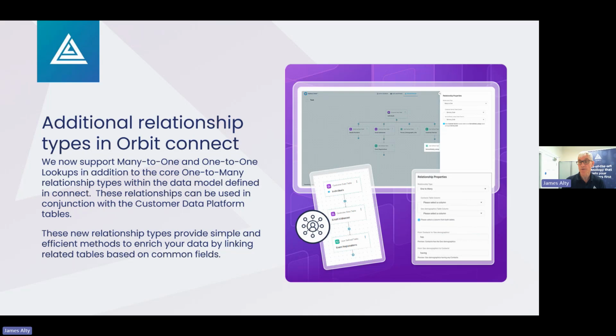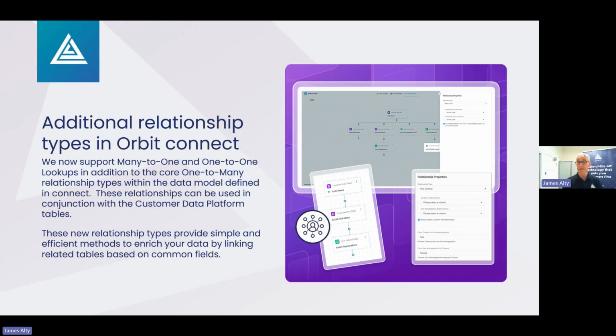But you can also upload, for example, lookup data through the CDP as a user data table, and then define the lookup relationship in Connect, where the core customer data table relationships are known to us in the CDP, and we can fulfill those for you automatically.